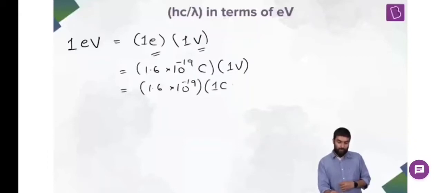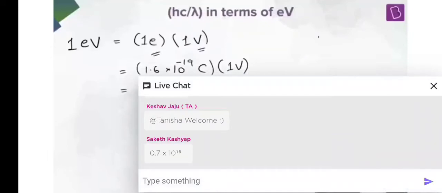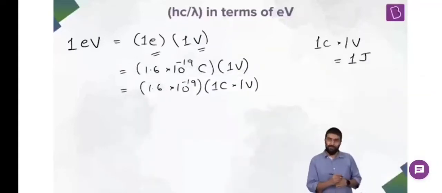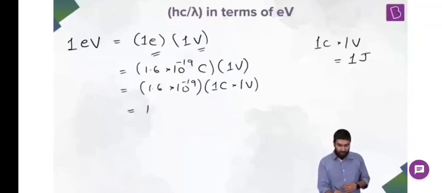So I'm going to have 1 coulomb multiplied by 1 volt. And to those who do not know, and don't worry, I don't expect you to know, 1 coulomb into 1 volt is equal to 1 joule. This is essentially equal to these many joules.